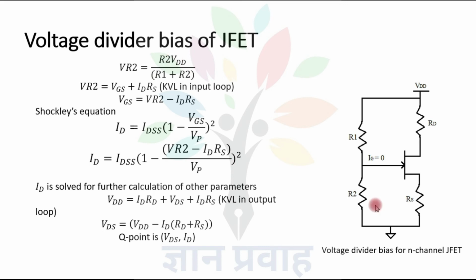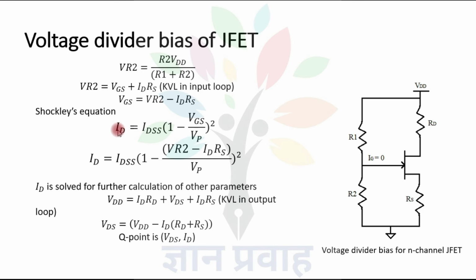So by applying KVL equation in input loop, VR2 equal to VGS plus ID RS. From this expression, VGS equal to VR2 minus ID RS.